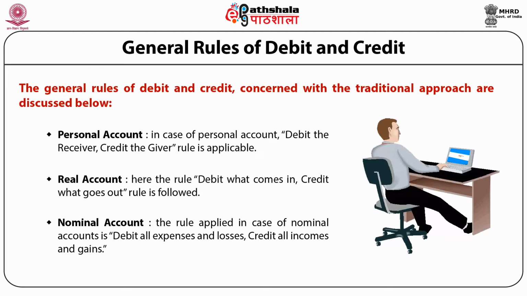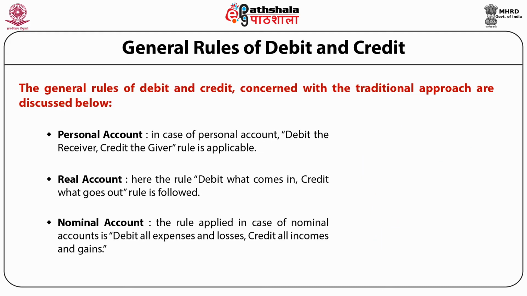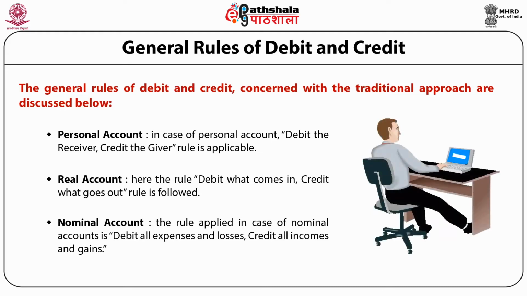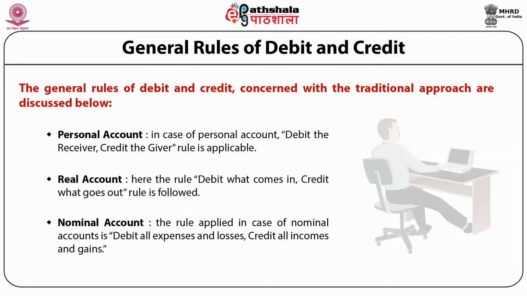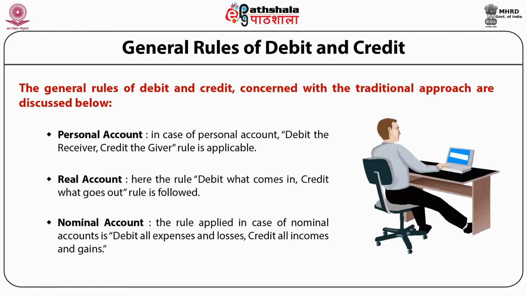Transaction number 4: salaries of rupees 60,000 paid through check. Analysis: the transaction depicts that the business has paid all the salaries through check. That is, cash is not involved in the transaction. As a result, the two accounts involved are the salaries account and the bank account, because payment was made through check.